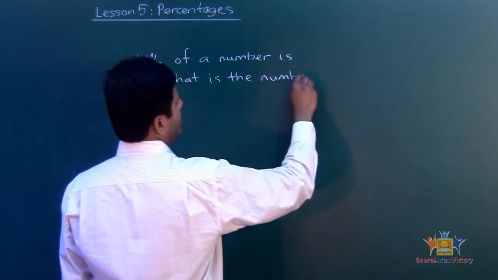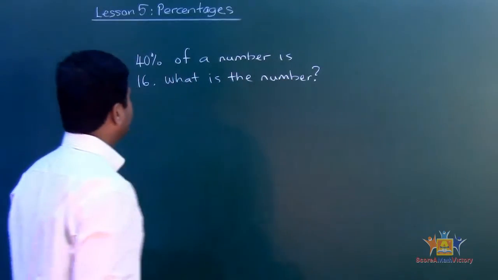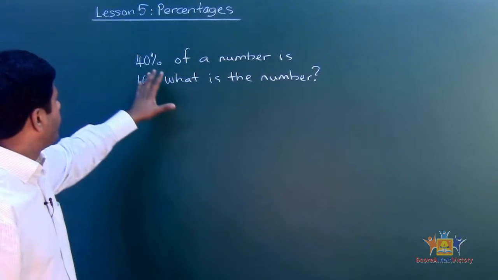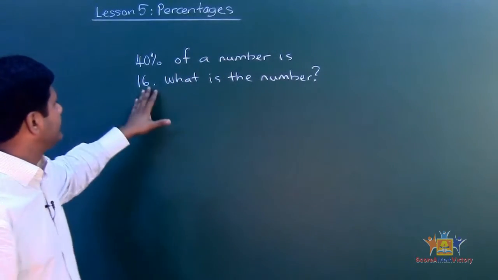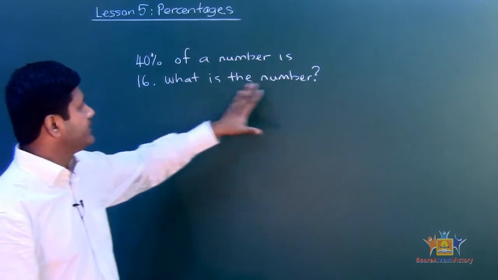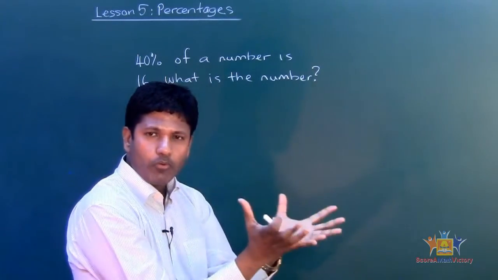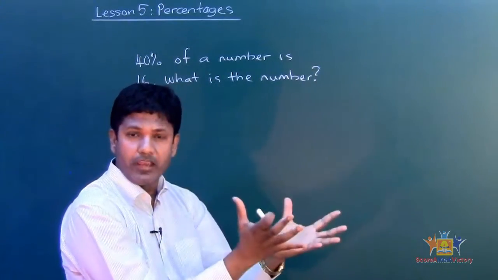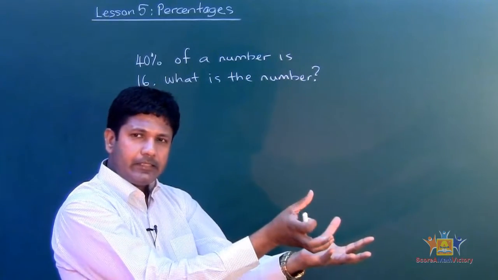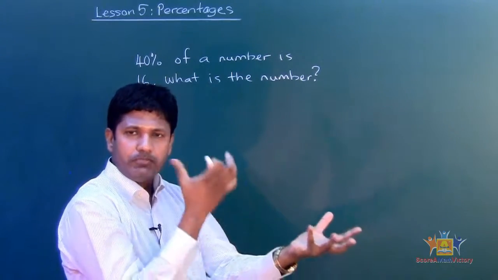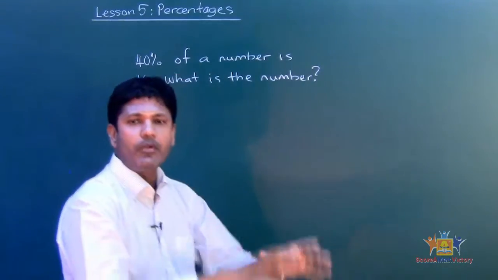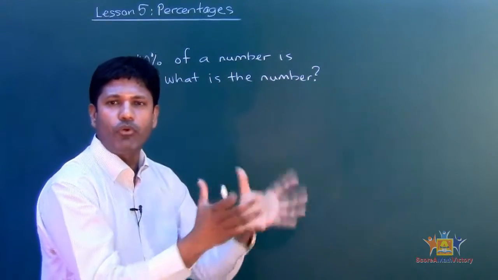So let's understand. 40% of a number is 16. What is the number? So that means the number is what? It's a total. That means 100%. I'm taking 40%, which makes 16. And I want to know what is that number, the total.